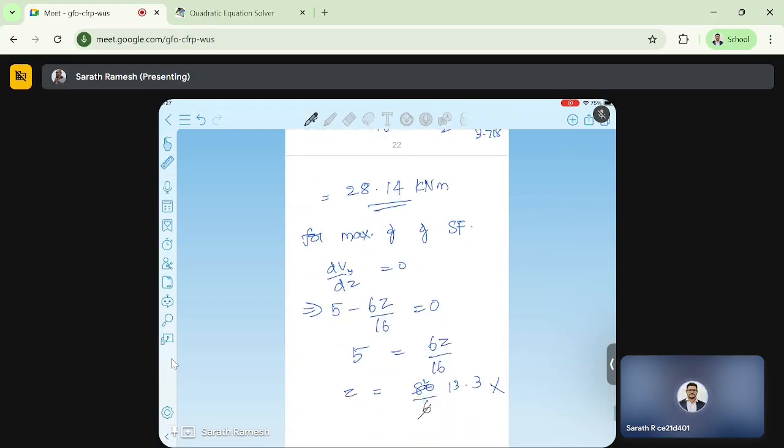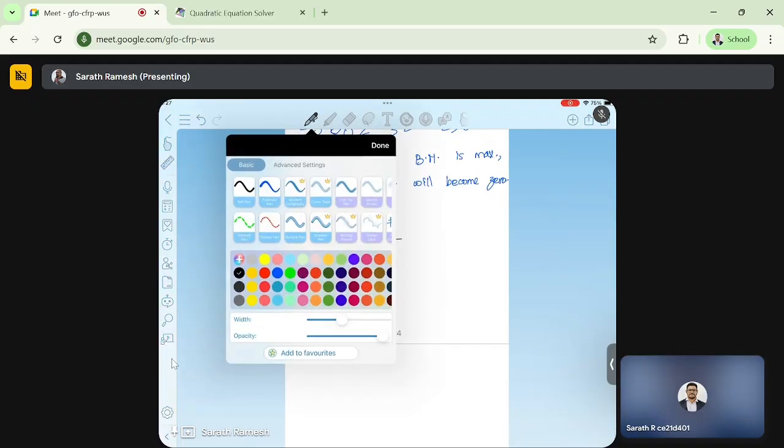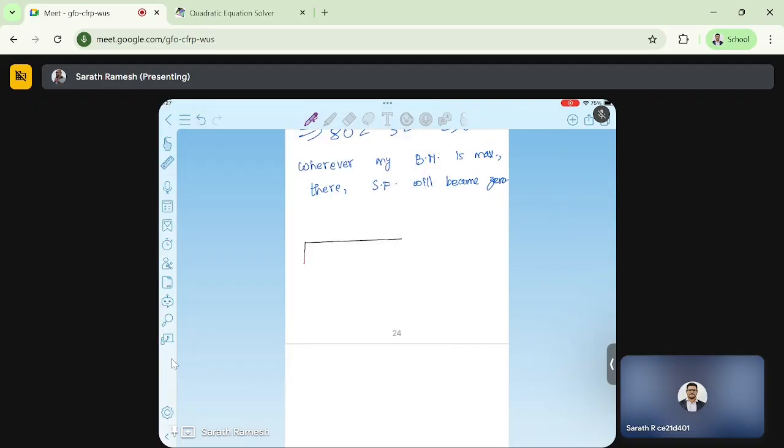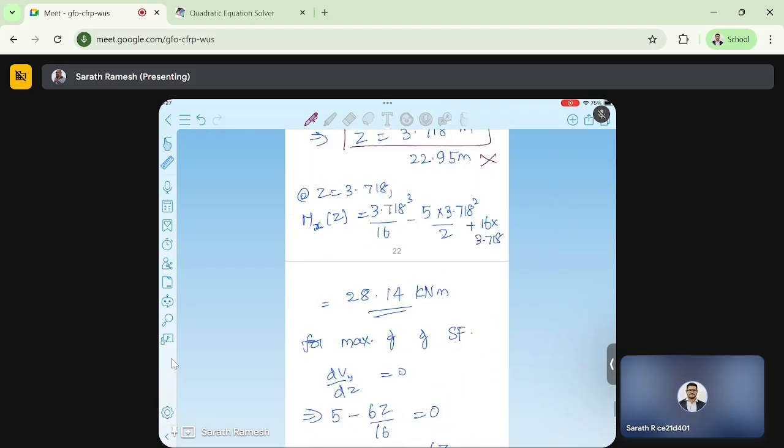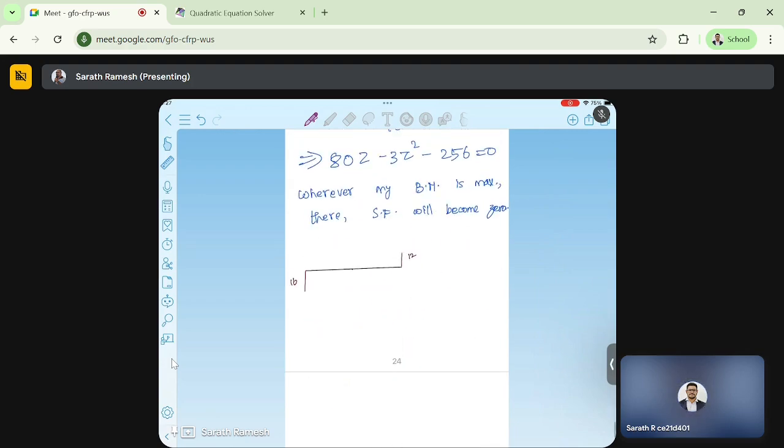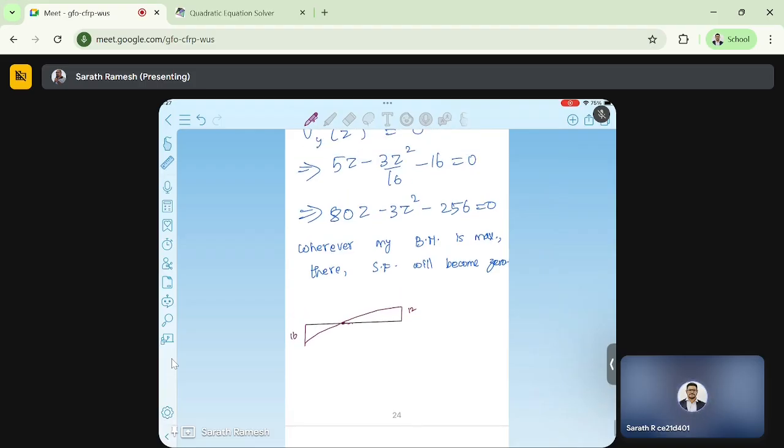So at A it's minus 16, this is plus 12, and it is becoming 0 at 3.718. So it's before the midpoint, okay? And I'm going to draw this cubic function. Is it flat here? No, because loading is not 0.